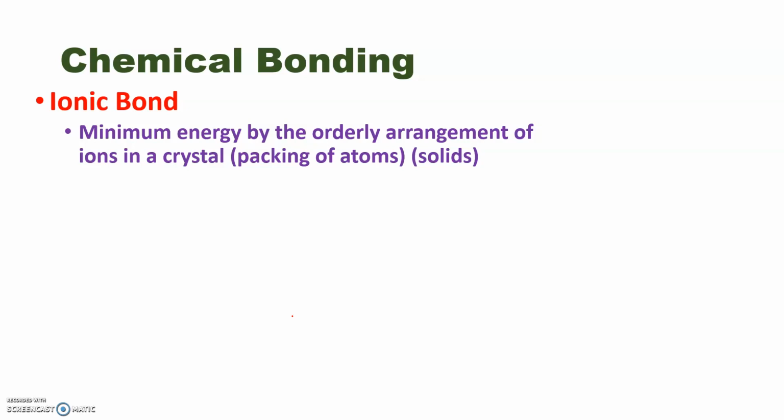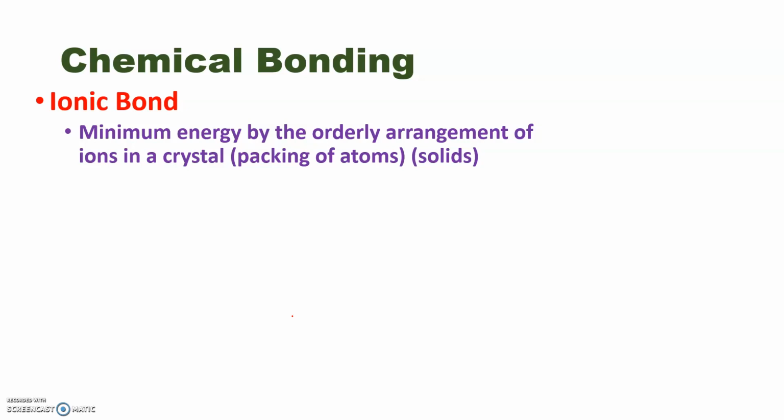So ionic bonds, like I said, you get the opposite charges. They will pack together to maximize the attractive forces, and so their crystal structure is arranged in a way so that the positives and negatives are as close together, and the positives and positives, and negatives and negatives, are as far apart.